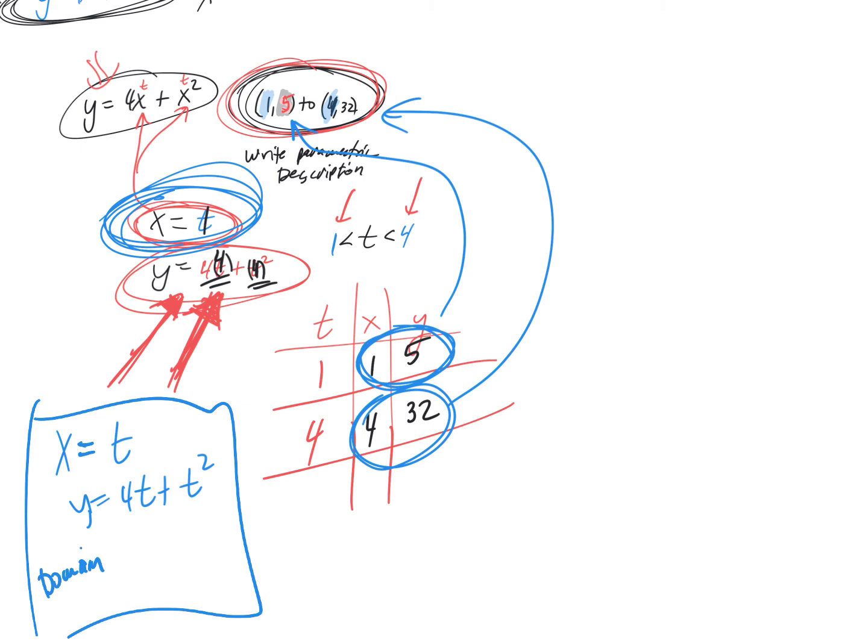I'm going to give you the wrong answer. x was between 1 and 4. That was close. A lot of kids put that. x is between 1 and 4. No. Not for parametric. t is between 1 and 4.